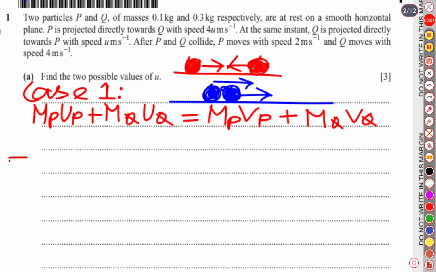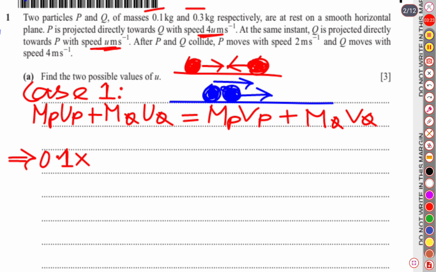Then we are going to substitute the values. Mass of particle P is 0.1 and mass of particle Q is 0.3. So 0.1, and the initial velocity of particle P was 4. For Q, the initial velocity before the collision was u.